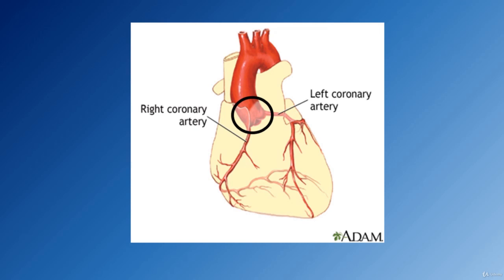As we see here in the picture, the two main arteries are the right coronary artery and the left coronary artery. From each one go ramifications that surround the heart to ensure the nutrition of the whole heart muscles.